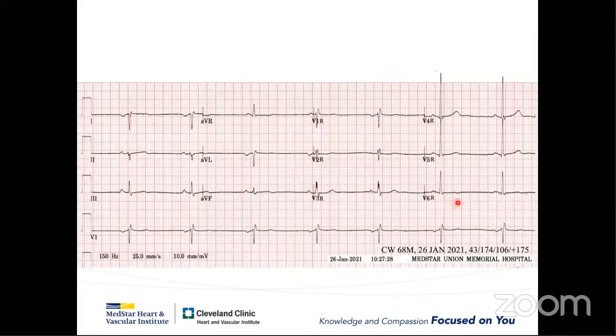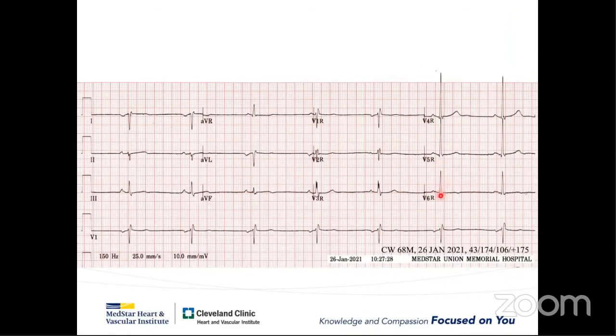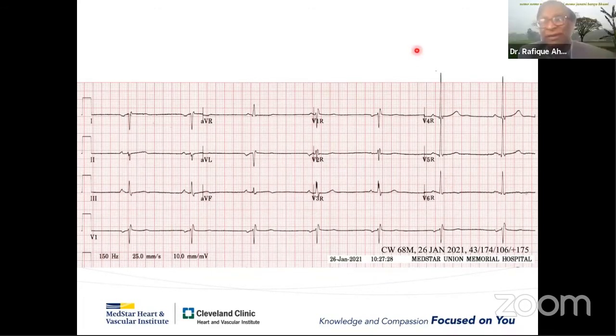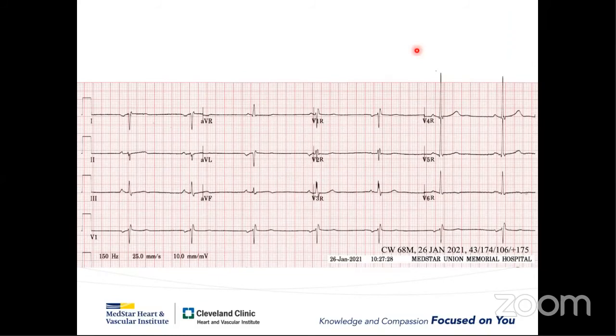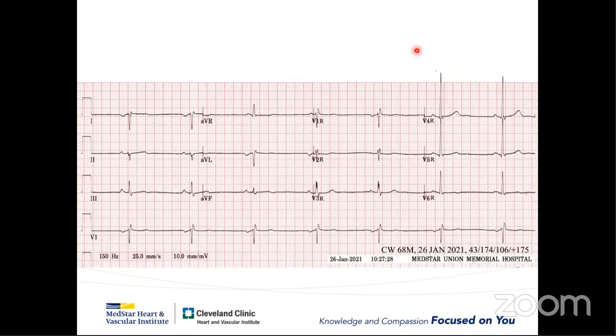Sir, can it be? The one that I'm showing now, these are right-sided chest leads. Yes, sir. So this is situs inversus, meaning atrial inversus, and there is levocardia, because in V1 to V6 there is progression of the R wave, and the P wave in lead 1 is negative and in aVR it is positive.